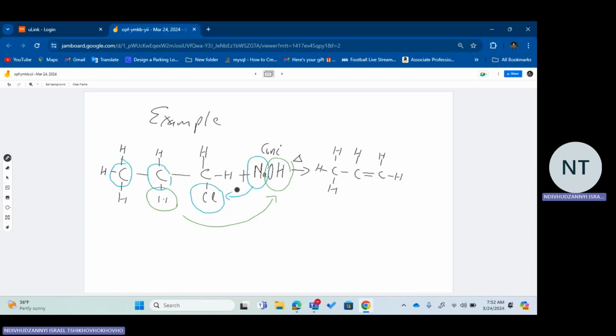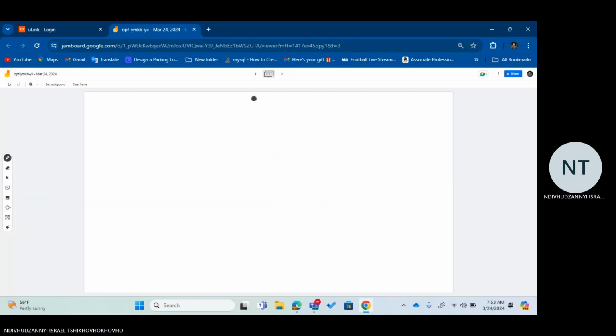Then the rest, K and Cl, form salt. H and OH will form water. And that's it. We have an alkene. We have salt. And water, right?